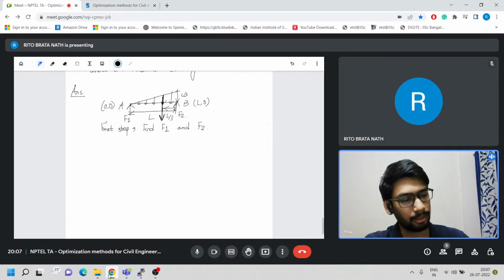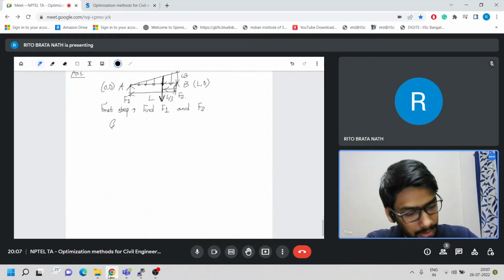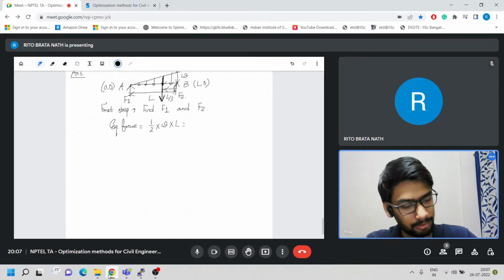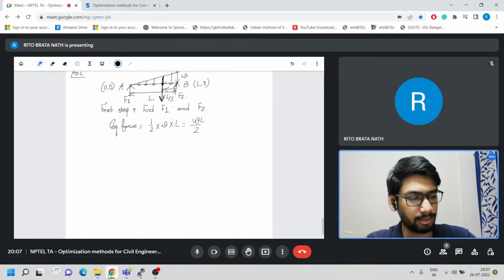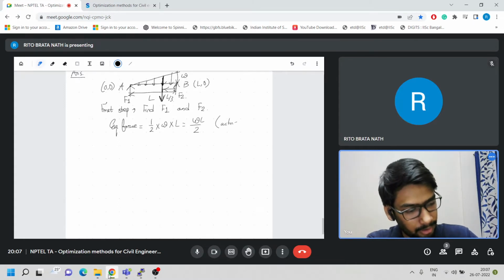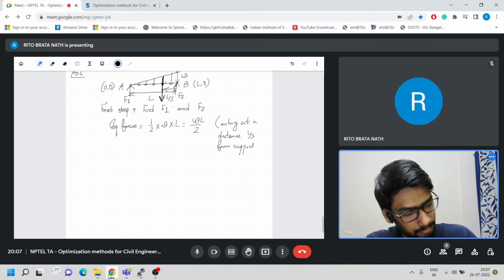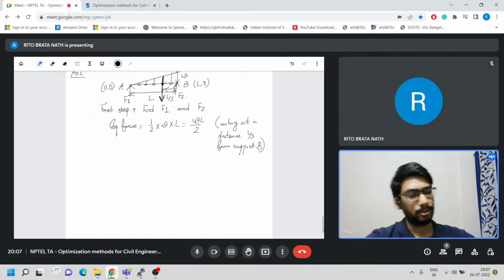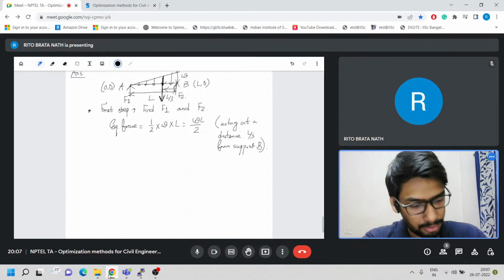So that equivalent force is nothing but half times W times L. So that's WL by 2, acting at a distance L by 3 from support B. So that's our first step done.